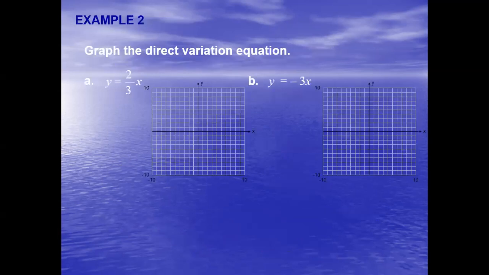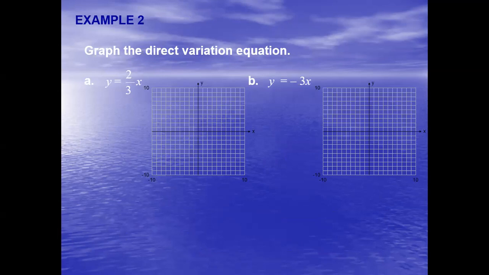Graph the direct variation equation. Y equals 2/3 x. We know that direct variation is graphed as a straight line that passes through point 0, 0. So we have one point. We just need to generate another point to connect between the origin point and the new point to get the line.